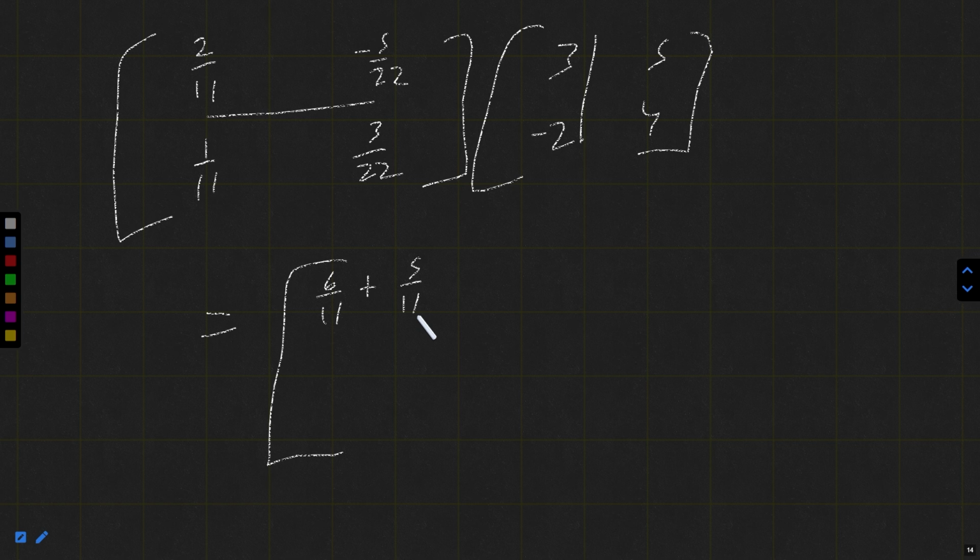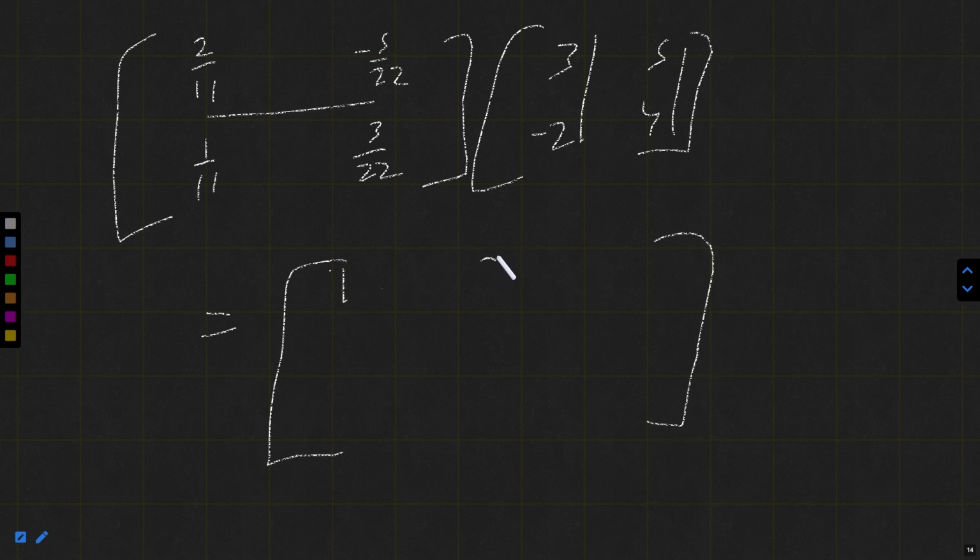Okay, so plus. Now if you add, because of the same denominator, you will have 11 by 11. So this means 1. Okay, now multiply with this.